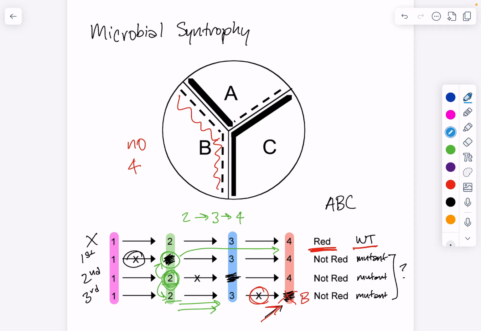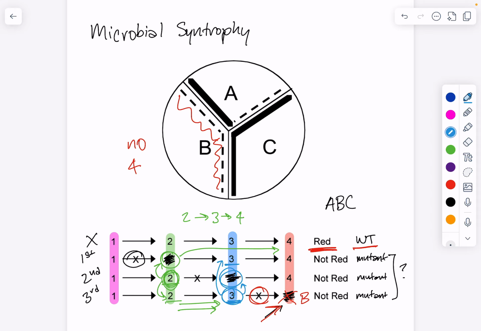But we don't know exactly if the strain belongs to A or C yet. When we look at metabolite number 3, we can see that 3 is being produced by the third strain, and it's also being produced by the first strain. However, it's missing in the second strain. So this metabolite 3 from the third strain is going to be diffusing into the second strain, and it's also going to the first strain.